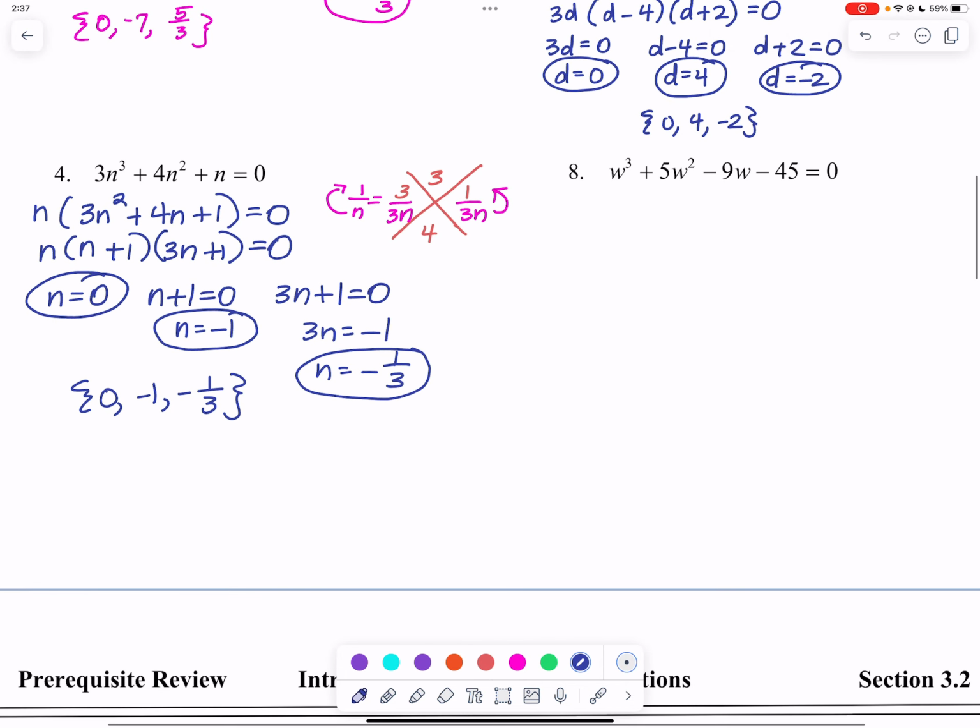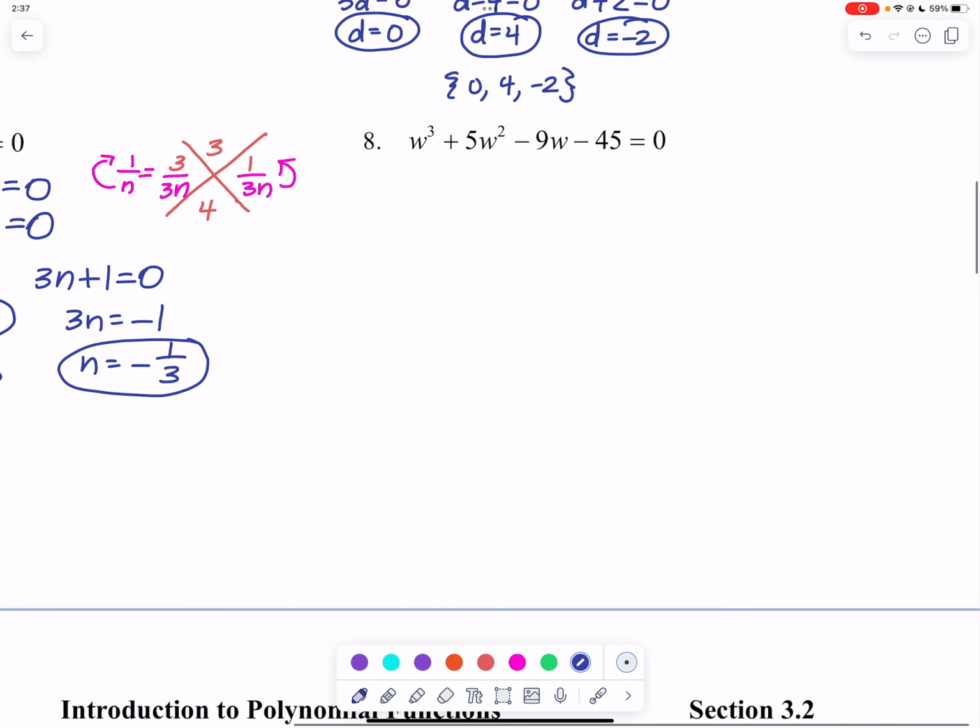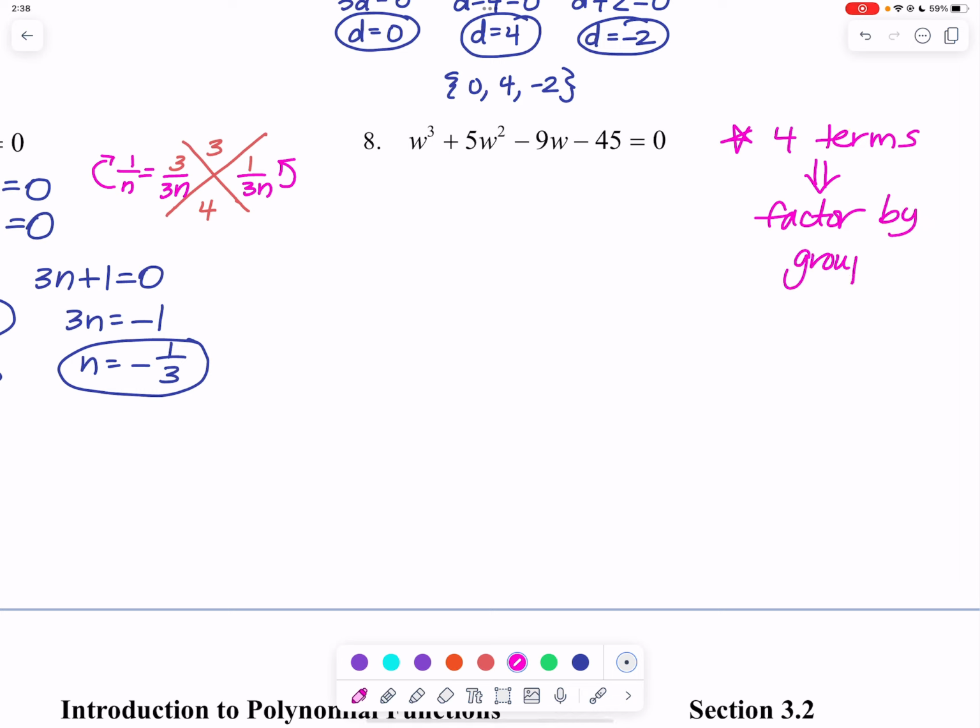Looking at number 8, what do you notice? We have 4 terms. And when we have 4 terms, we should factor by grouping. So we will group these first 2 terms together and these second 2 terms together in hopes of finding 2 common factors. So we can factor out a w squared, and we're left with w plus 5.